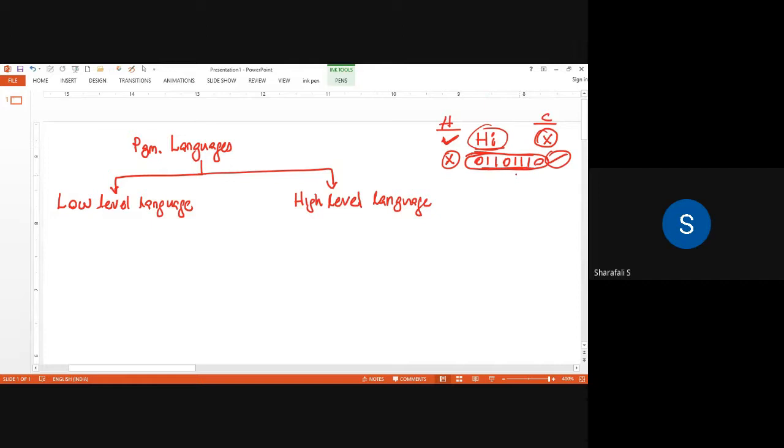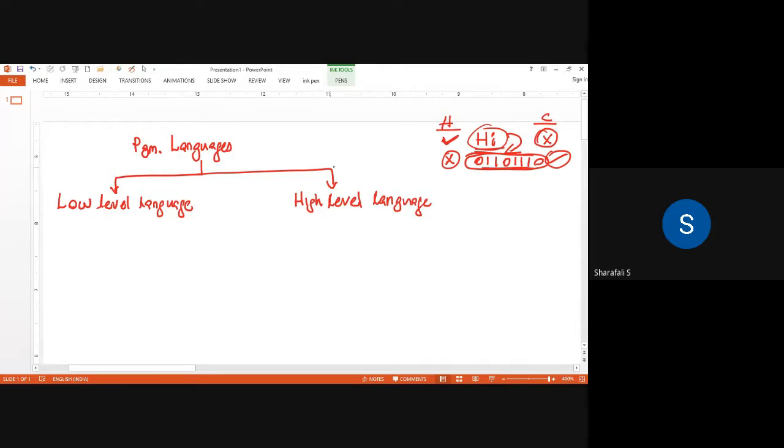If you want to give an instruction to the system, and the system has to do some work on the basis of that instruction, it has to be converted into binary code, because the system only understands binary codes. If you convert this "hi" into this particular code, then the system can understand that message. Otherwise the system will not understand it.